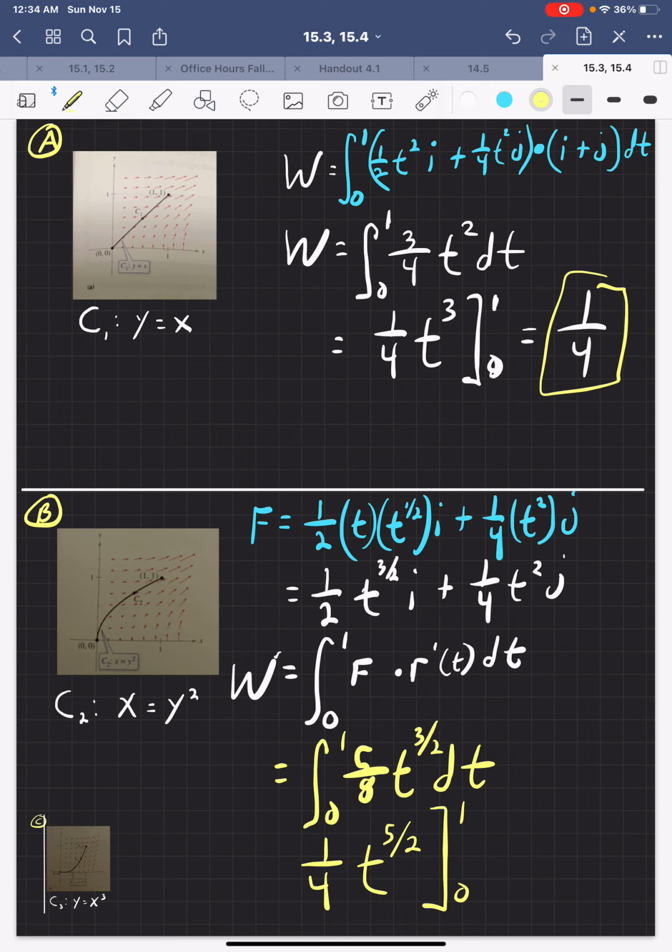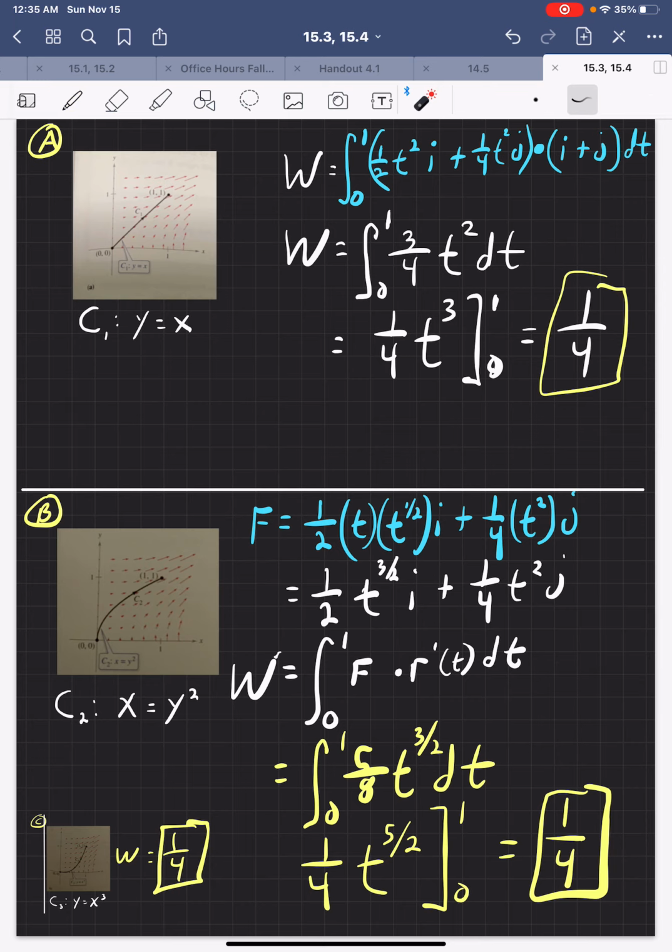Interesting. So if you go back and plug in, guess what your result would be? 1/4. In fact, if you were to do the same thing for part C, you would get a result of 1/4.